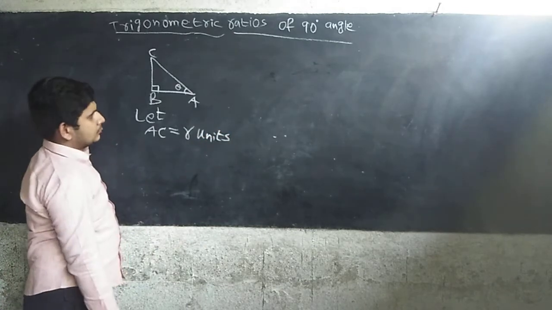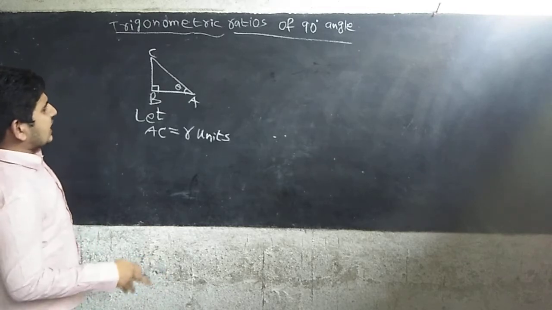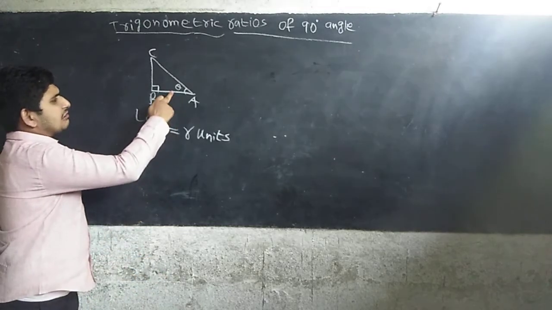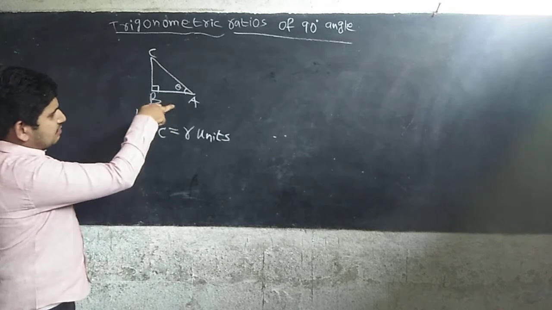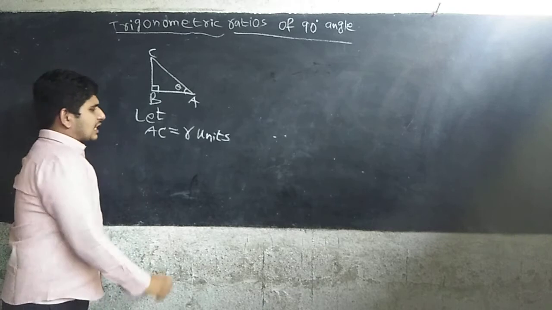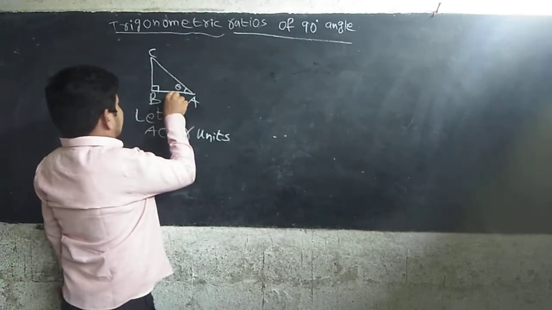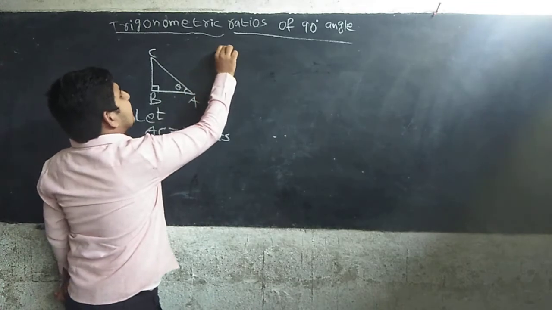Now we have to make angle A equal to 90 degrees. For that purpose, suppose in this figure the angle is 30 degrees.